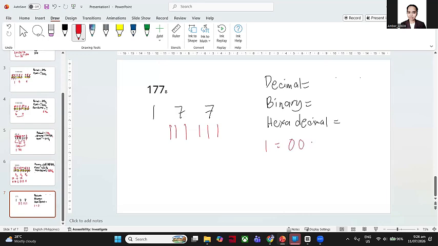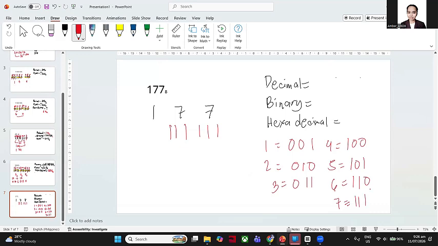So 0 is 0, 0, 0; 1 is 0, 0, 1; 2 is 0, 1, 0; 3 is 0, 1, 1; 4 is 1, 0, 0; then 5 is 1, 0, 1; then 6 is 1, 1, 0; then 7 is 1, 1, 1.